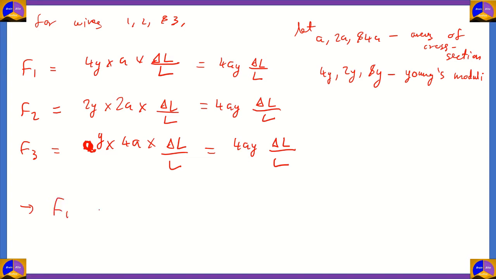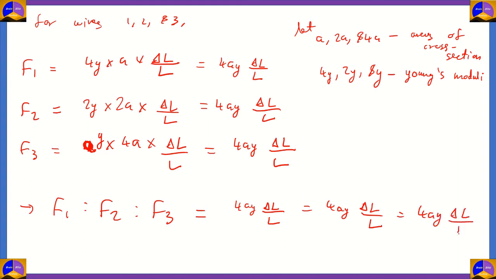If you were to take the ratio of the forces, F1 is to F2 is to F3 will be equal to 4AY delta L by L for each. So therefore, the correct ratio is 1 is to 1 is to 1.